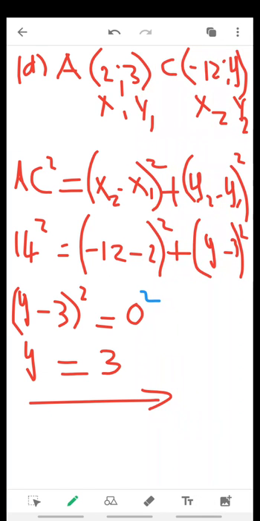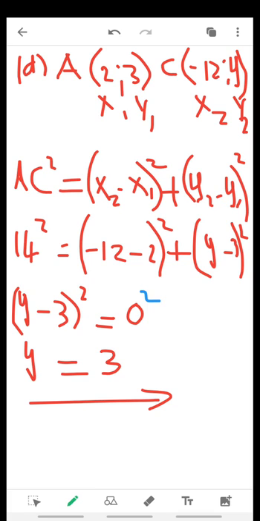I started by writing down AC, which is (2, 3) to (minus 12, y). Then I allocated the coordinates of A as x1, y1 and the coordinates of C as x2, y2. Then, writing down my simplified form of the distance formula, AC squared equals (x2 minus x1) all squared plus (y2 minus y1) all squared.